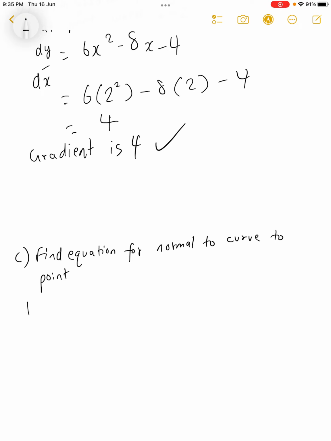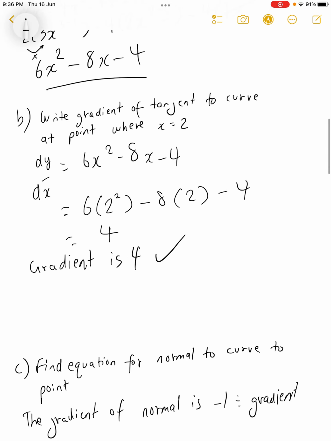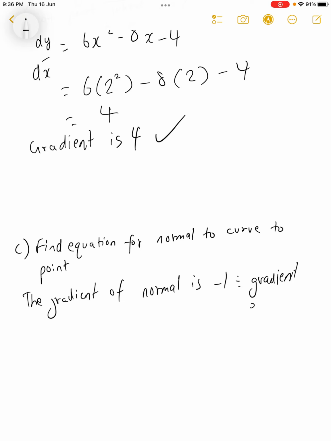The gradient of the normal is minus 1 divided by the gradient of the tangent. Since above we have found the gradient of the tangent to the curve is 4, you're going to do minus 1 divided by 4. That should give you minus a quarter.